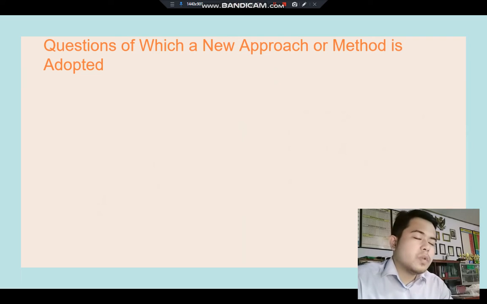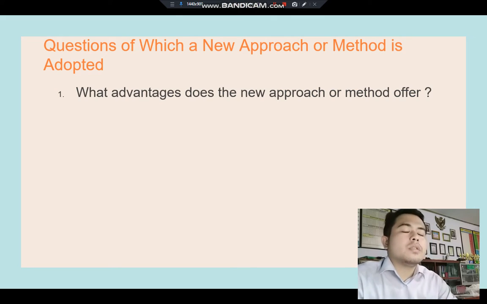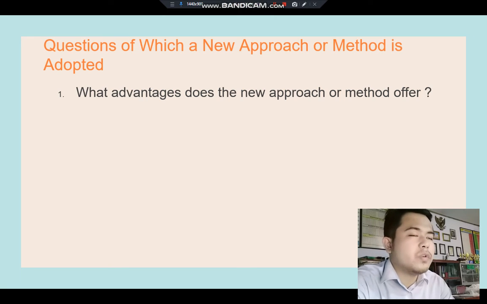From all the methods that have been applied and appeared one by one, there are several questions asked when a new approach or method is adopted. The first, what advantages does the new approach or method offer?